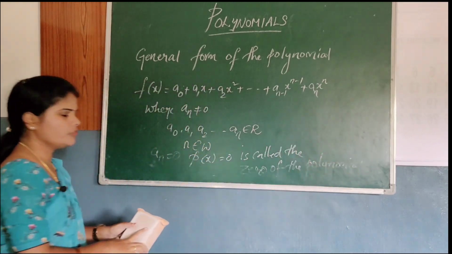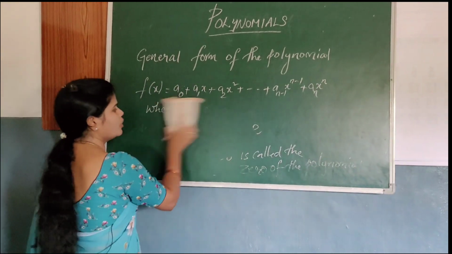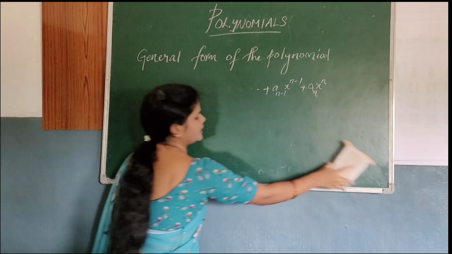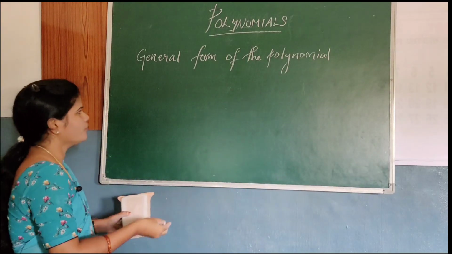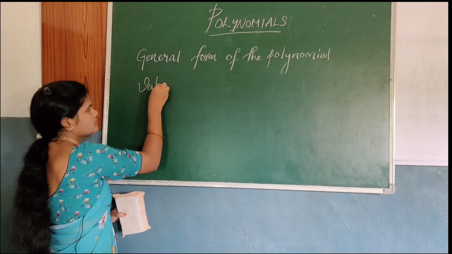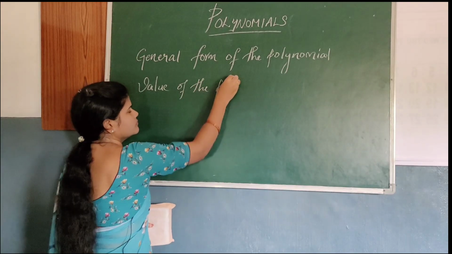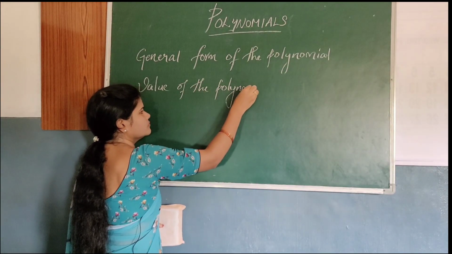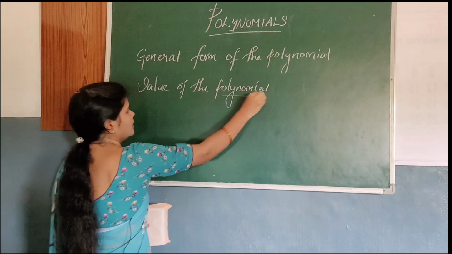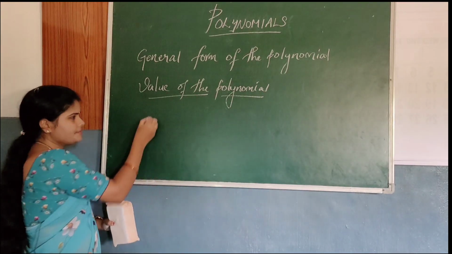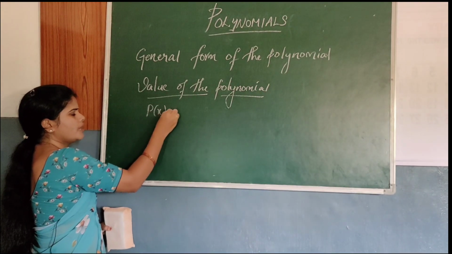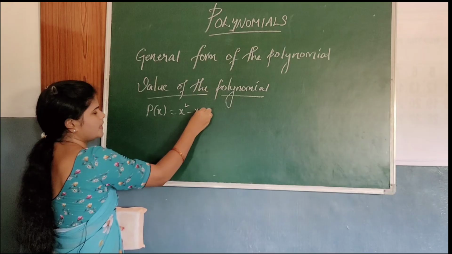So from here now we are going to learn what is the value of the polynomial. Suppose I take an equation p of x, the value of the polynomial. Suppose p of x is equal to x square minus x minus 2.